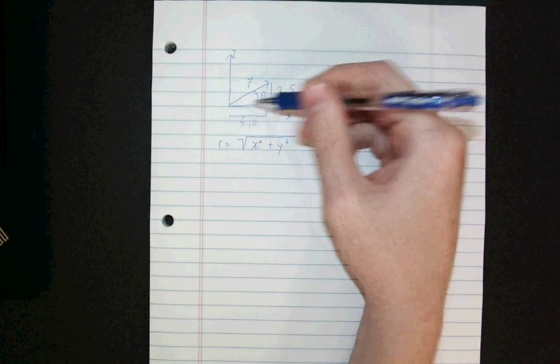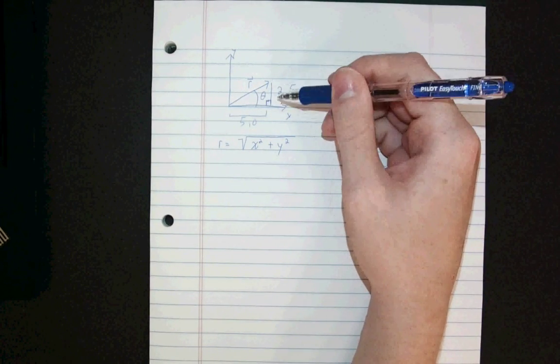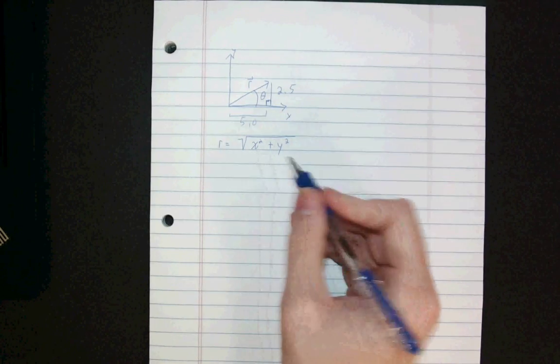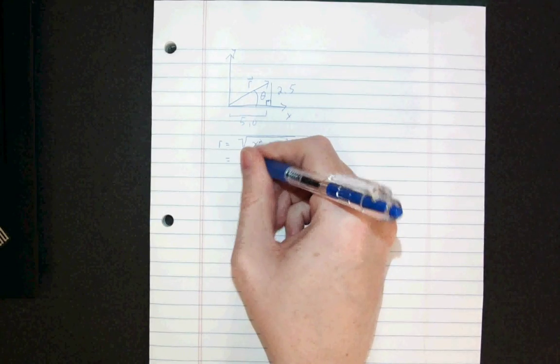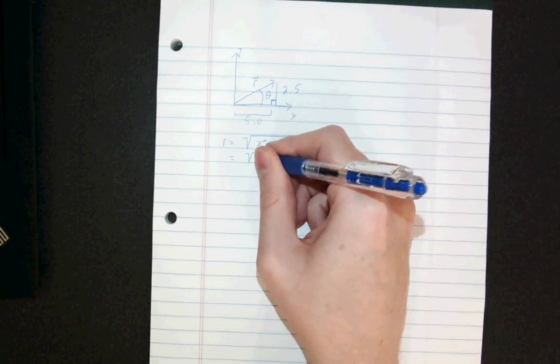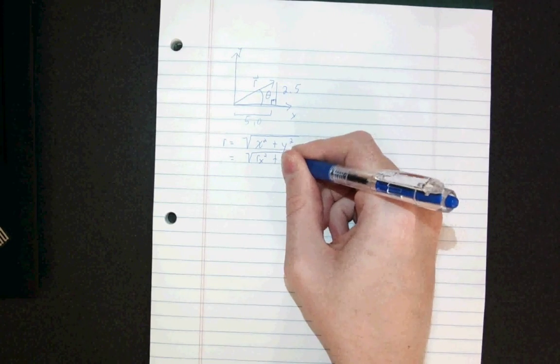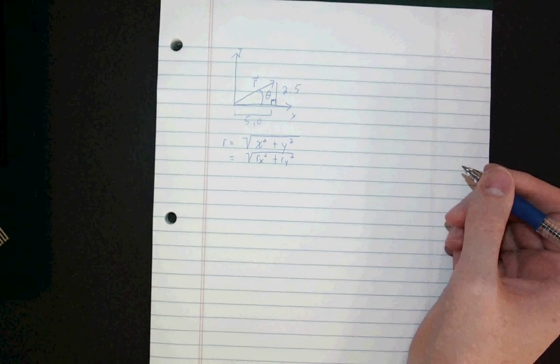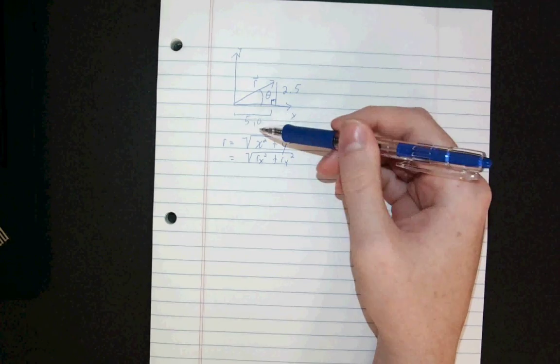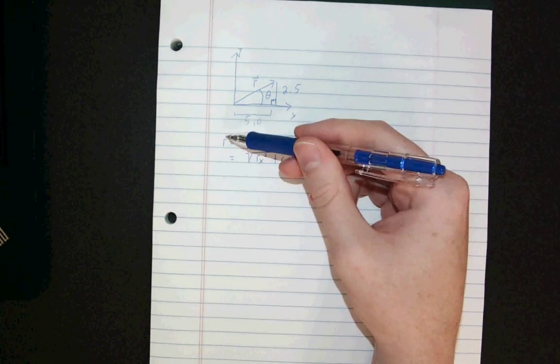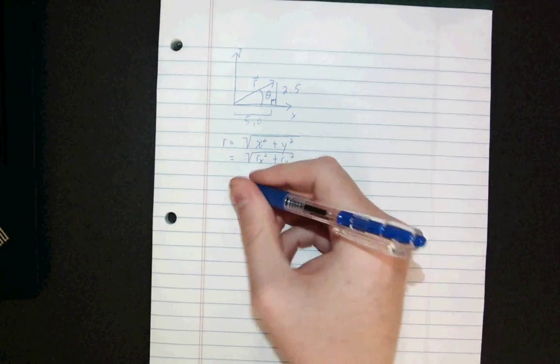So my x side and my y side. And if I really wanted to be precise here, I should call these r's x component squared and r's y component squared. We can go ahead and plug in the information we have to find the length of the vector now, its magnitude.